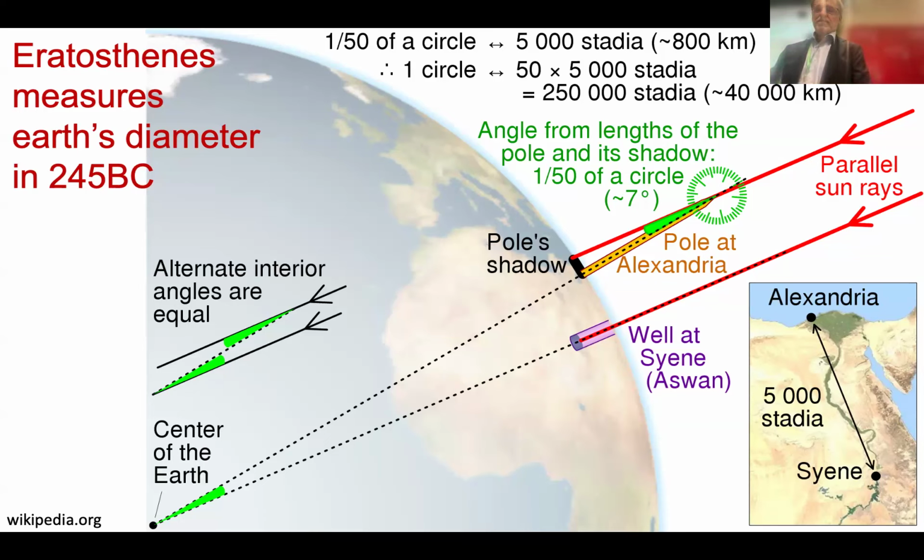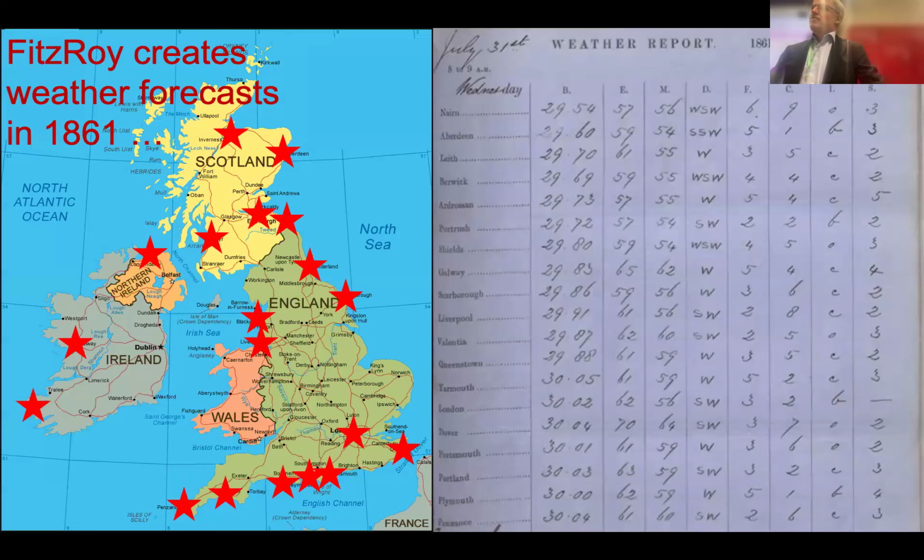Here's another one, a bit more contemporary. Admiral Fitzroy, some people may have heard of, sort of the father of the modern weather forecast. His innovation back then was to create a network of stations using the then new telegraph, as well as I think train systems, to take measurements of the atmospheric conditions, pressure, temperature, wind speed, etc., at different locations across the United Kingdom.